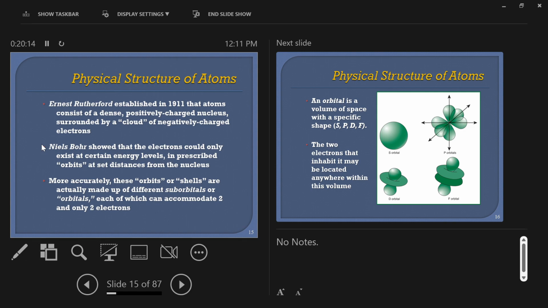Two people, importantly, they mention Niels Bohr here, but later there's another name that's going to pop up, Max Planck. Max Planck did the mathematics side of it, Niels Bohr did the physics side of it, and they came to an agreement. I'll just read what Niels Bohr came to find out. They showed that electrons, and this is going to be super important to what we are going to learn about, can only exist at very specific energy levels.